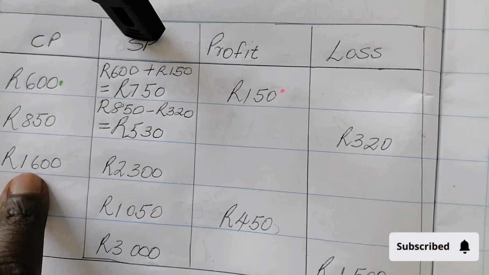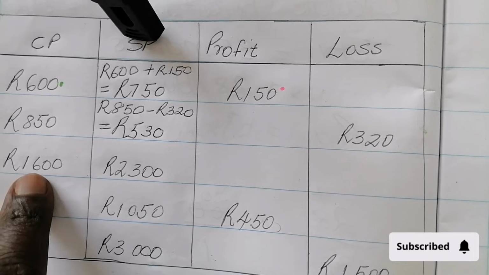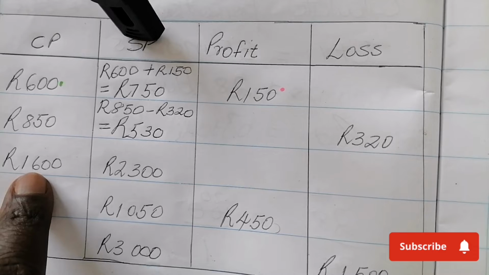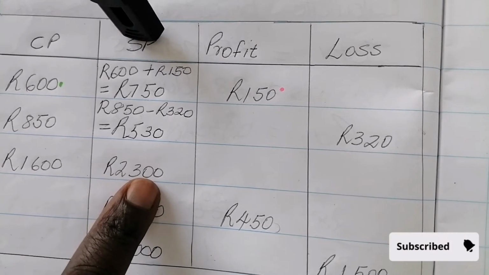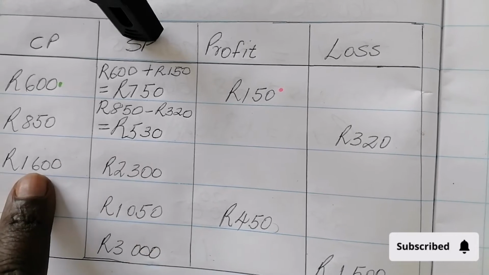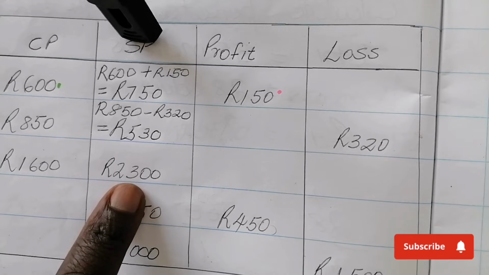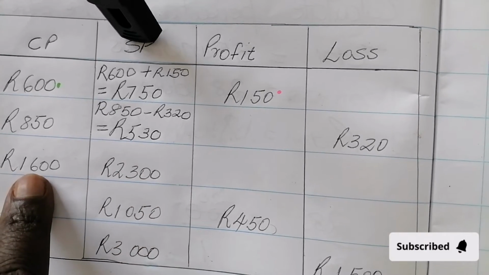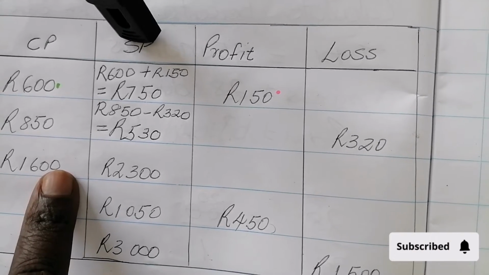So what are we going to do to get how much we made? The cost price was 1,600 and the selling price is 2,300. 2,300 is more than 1,600, which means we have made a profit.